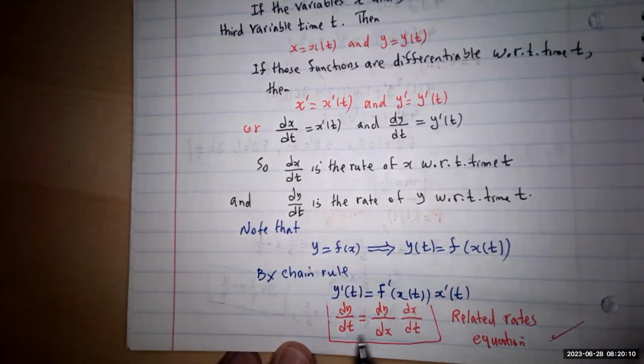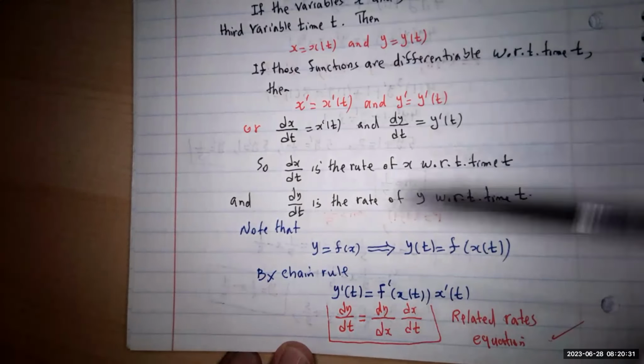But of these two rates, the rate of x with respect to t and the rate of y with respect to t, one would be given to you when you read the problem. You just substitute in this one and then get your related rates, the unknown that you are interested in.